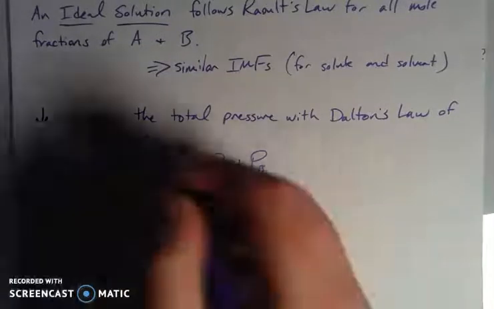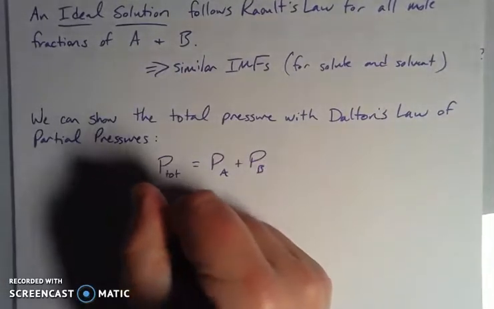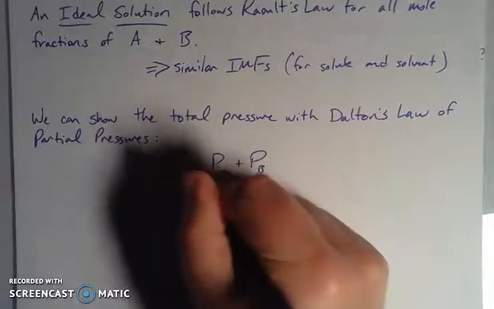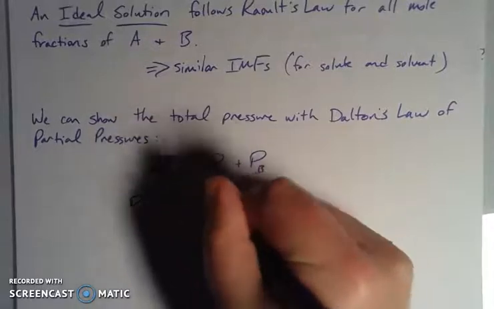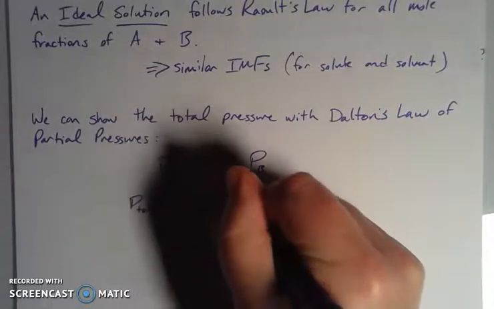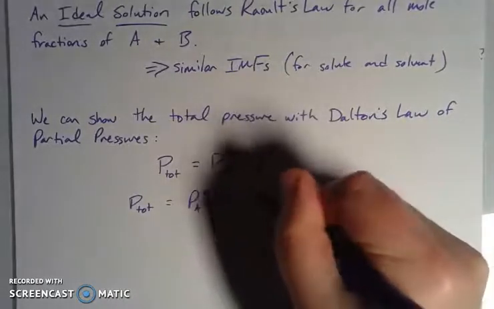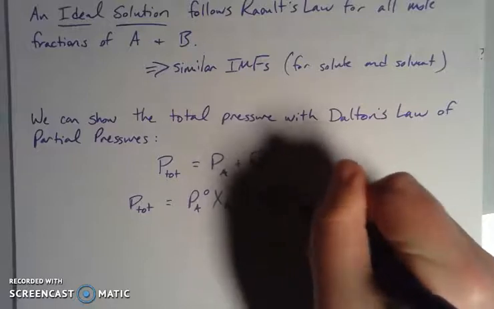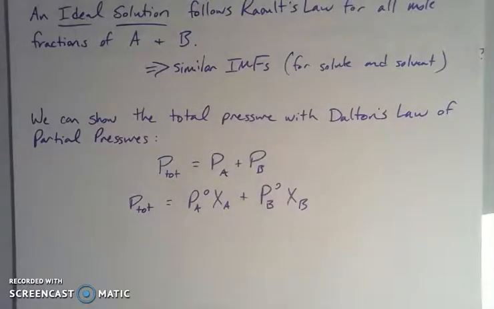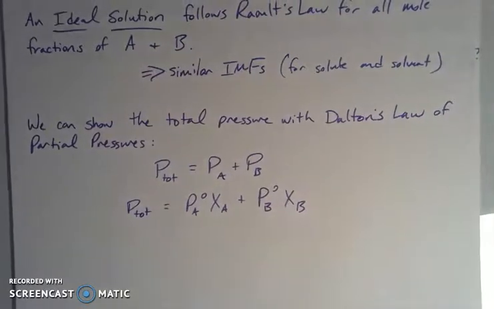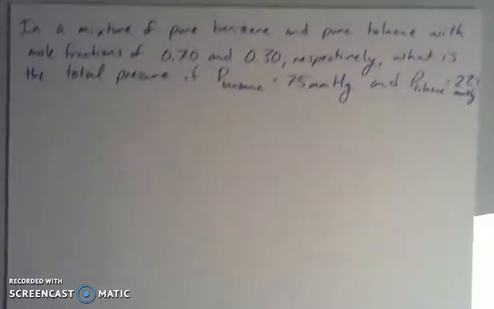And we know from the Raoult's law relationships that that would be equal to this: the vapor pressure of the solvent times the mole fraction of the solvent plus the vapor pressure of the solute times the mole fraction of the solute.